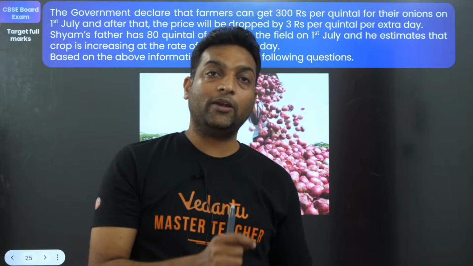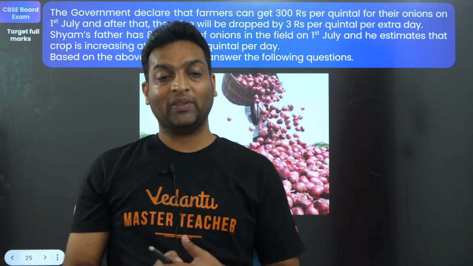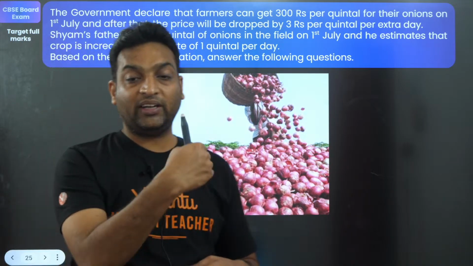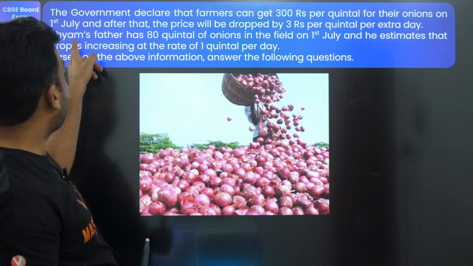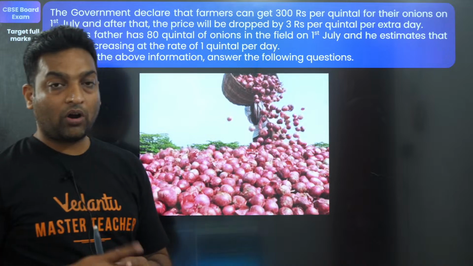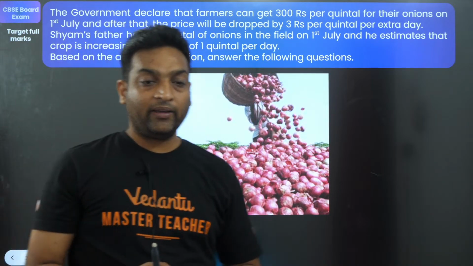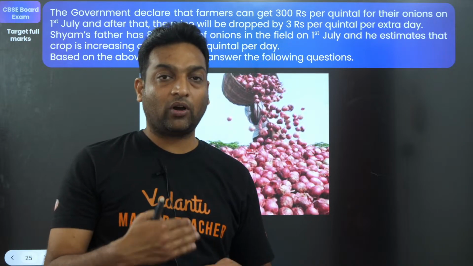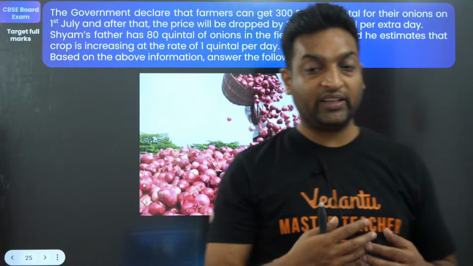Quintal means 100 kg. So the price keeps on decreasing. But what happens is, on 1st July, the yield of onions is 80 quintal. 80 into 100, that is 8000 kg.